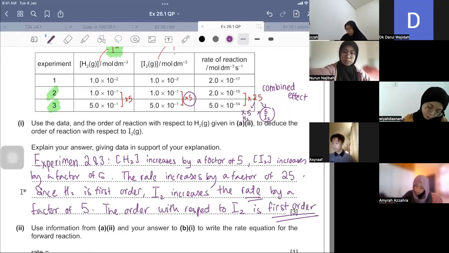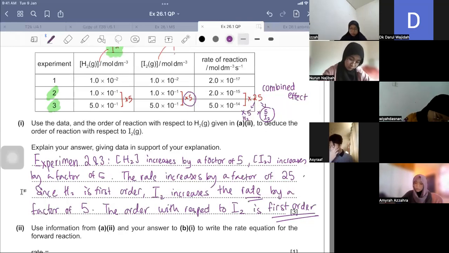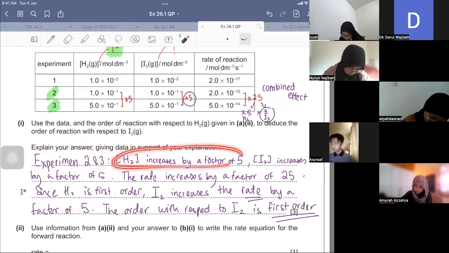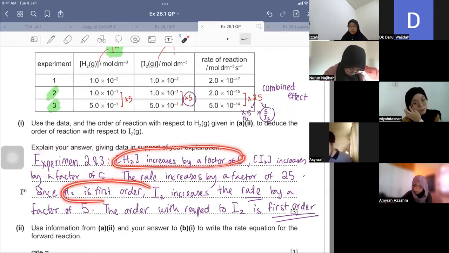So in the marking scheme, it says any two rows of the data quoted. So we have chosen experiment 2 and 3. We also must mention the effect of hydrogen. So we also mention that hydrogen increases by a factor of 5 and hydrogen is first order.